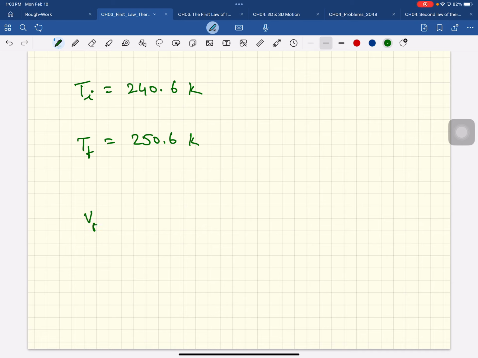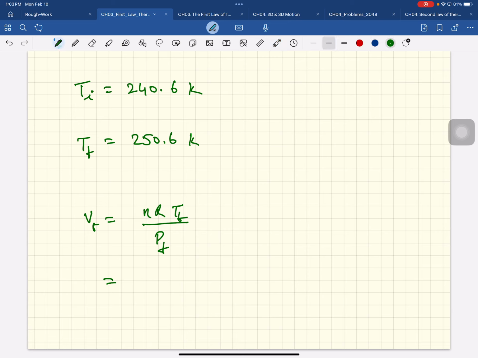So the final volume is nRT final over final pressure. The final temperature we know. What is the final pressure? Very good. 2 atmospheres, because it was an isobaric process.